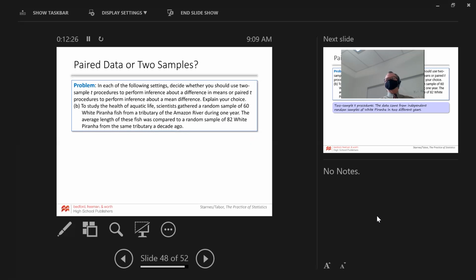The two samples are different sizes. If they're different sizes, it has to be two sample. Yes? The hard part is, is it matched when the sample sizes are the same? If the sample sizes are different, it has to be two samples. If they're the same, it could be one or the other. So the fact that the sample sizes are the same doesn't mean it's a matched pair. But it might be.